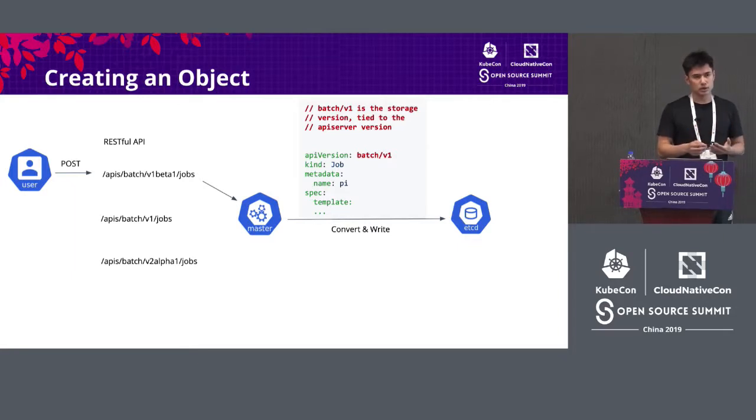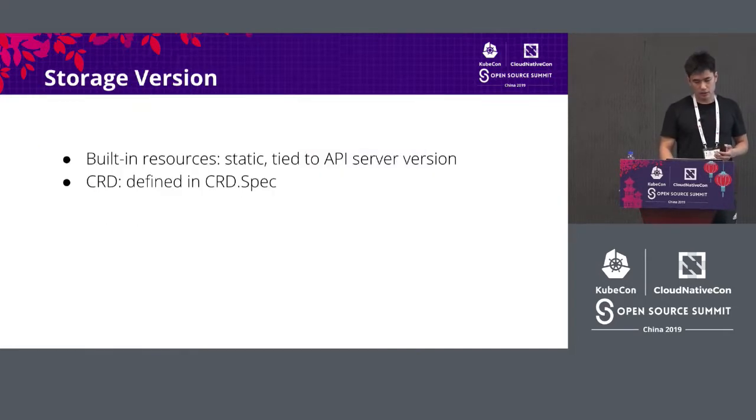The storage version, literally, is the version the API server will convert the object to before it can store it into etcd. For built-in resources, the storage version is pre-configured. It's hard-coded, so it's tied to the API server's version.